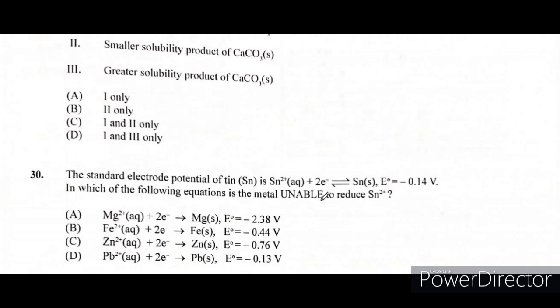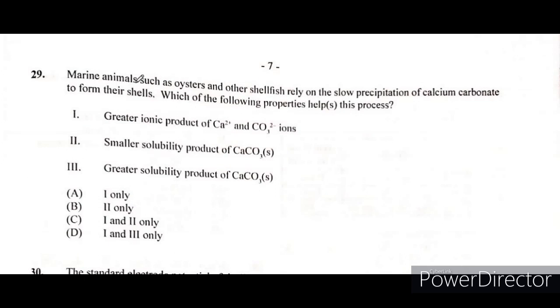Alright, marine animals such as oysters and other shellfish rely on the slow precipitation of calcium carbonate to form their shells. Which of the following properties helps this process?